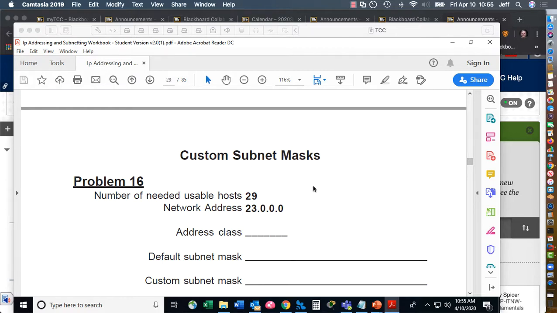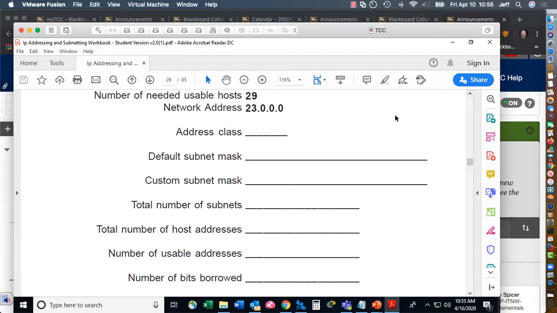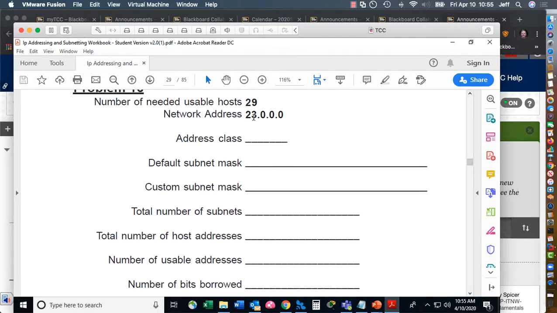And basically, it's asking us that we need 29 usable hosts on our network here. So we want as many networks, subnets, as we can get for this address range 23.0.0.0, and we want 29 usable hosts on each of those subnets.